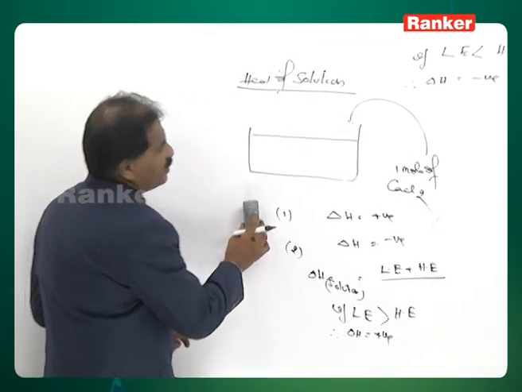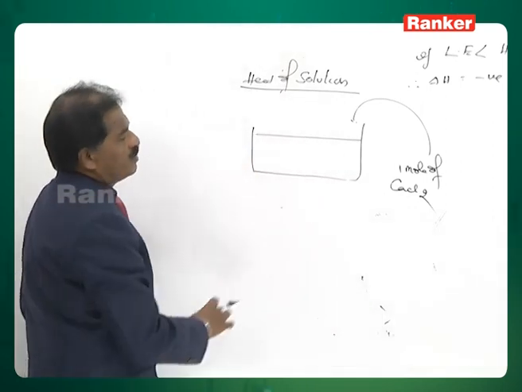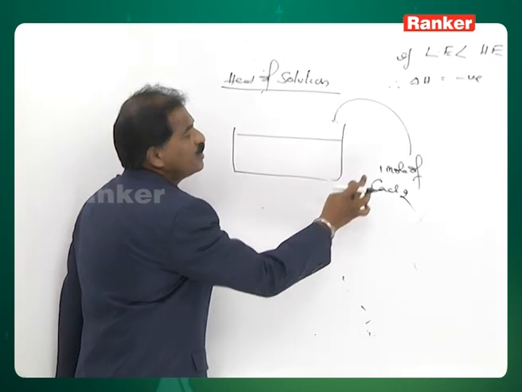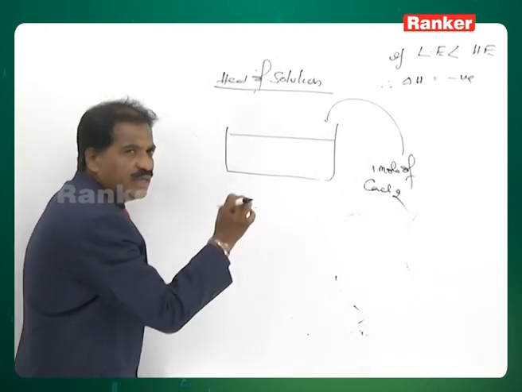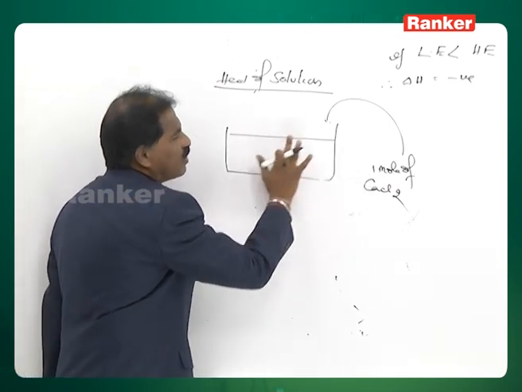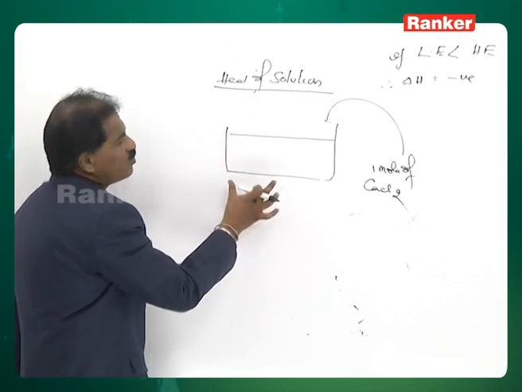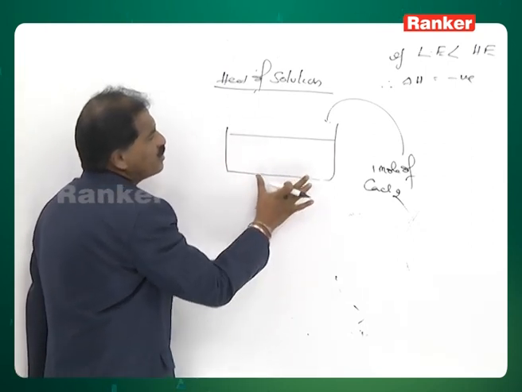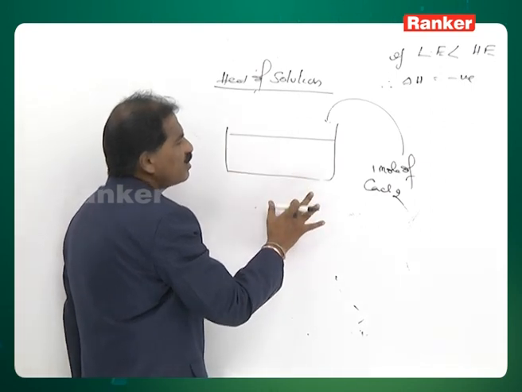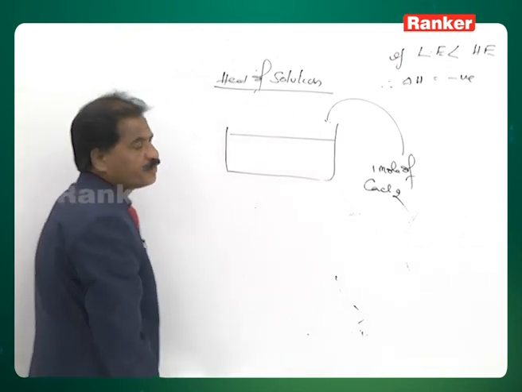Now let us define the heat of solution. The quantity of heat absorbed or liberated during the dissolution of 1 mole of any ionic crystal in such a large quantity of water is called heat of solution. Such a large quantity of water means the quantity of water should be so large that further addition of the solvent does not change the heat changes.